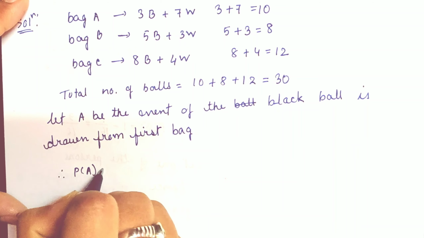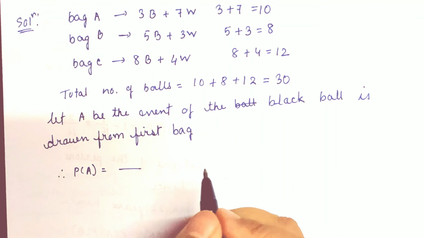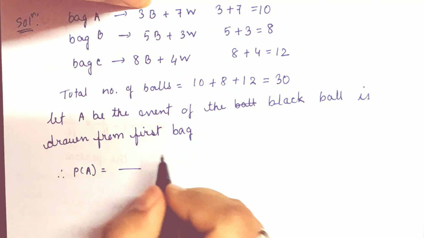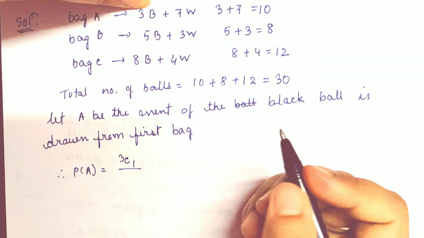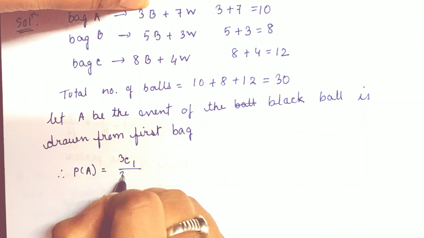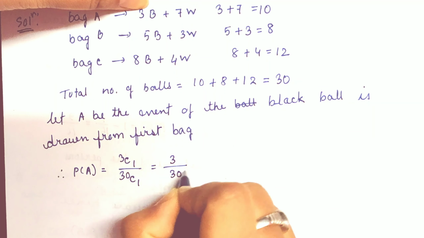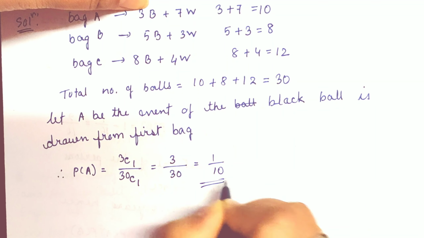Therefore, PA will be the number of cases favorable to A, 3 black balls, 3C1, and altogether the total number of balls is 30C1. 3 divided by 30 is equal to 1 divided by 10.